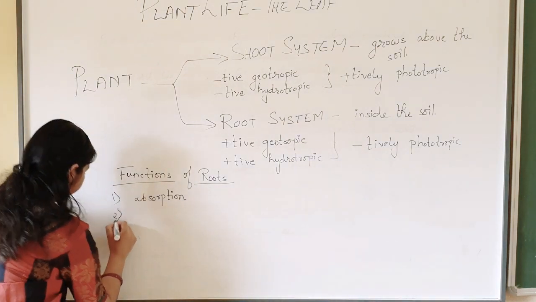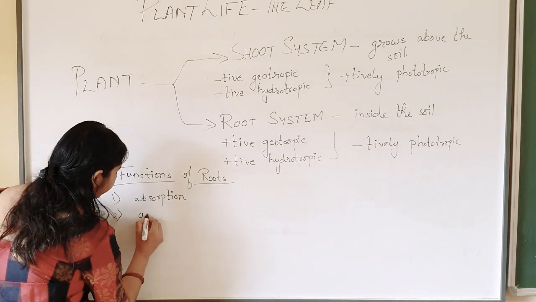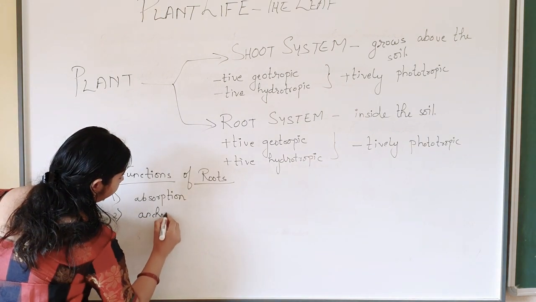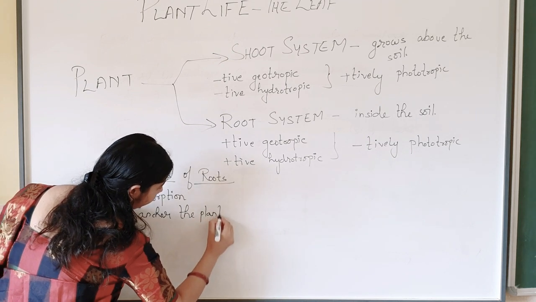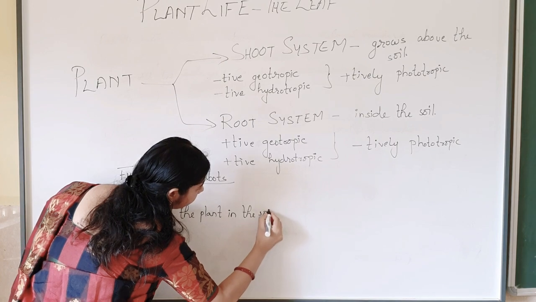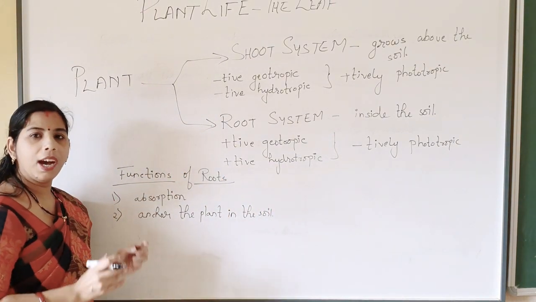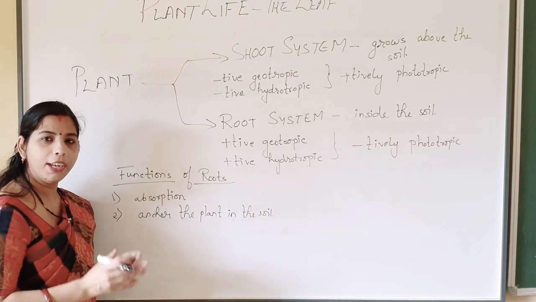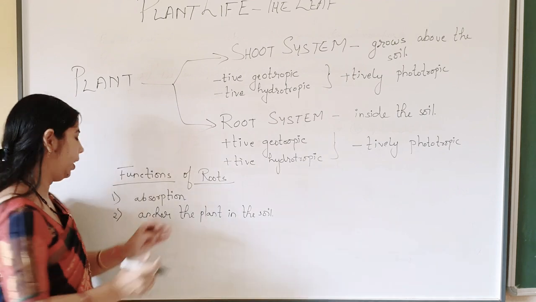Second function, what is the second function of the root? It anchors the plant in the soil. That means the roots are present in the soil and hold the soil firmly so that the plant is able to stand properly.